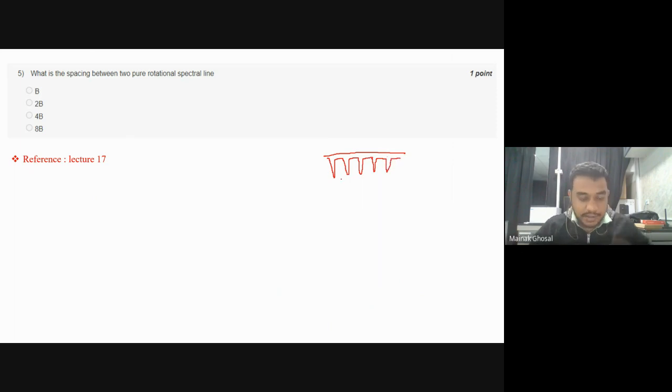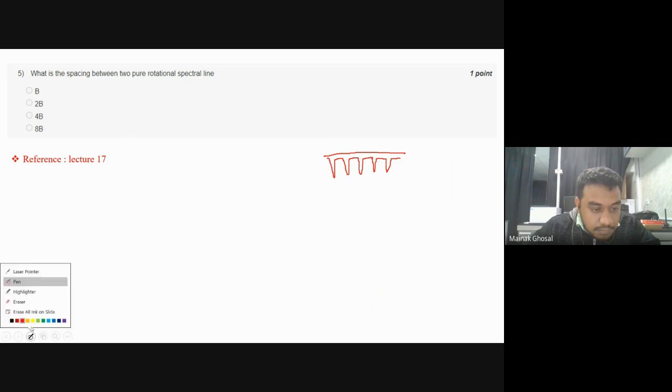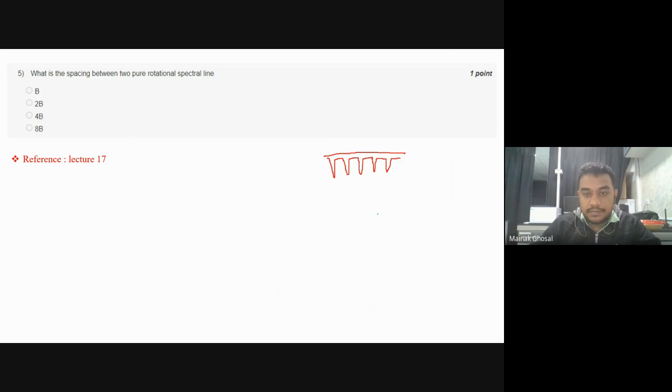Ignore my drawing, just understand the concept. First of all, you need to know whether, in pure rotational spectrum, the rotational spectral lines are separated equally among themselves or not. If so, you just need to find the value.